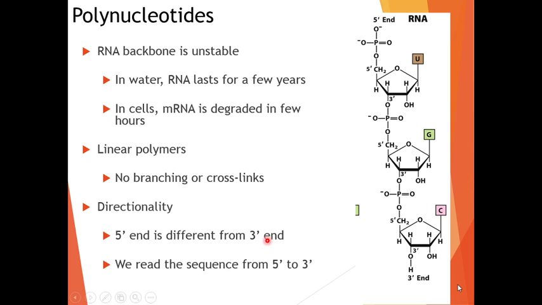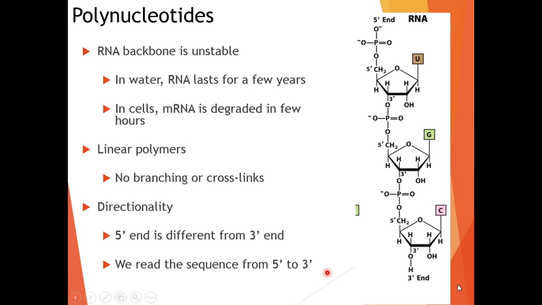No branching or crosslinks. Directionality: the 5' end is different from the 3' end. So we can read sequence from 5' to 3'. And that's how you always read DNA sequences or RNA sequences. Now, if you remember how you read protein sequences, N-terminal to C-terminal end, right?